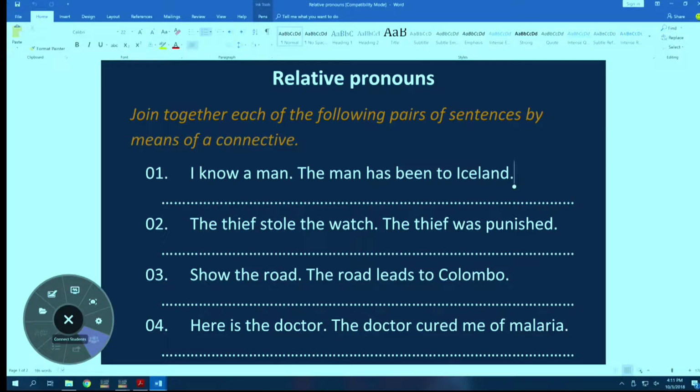Read the first one. I know a man. Then the second sentence is the man has been to Iceland. I know a man. The man has been to Iceland.